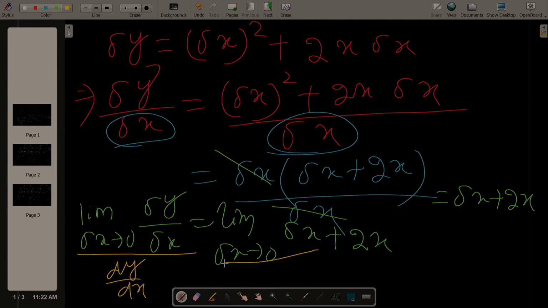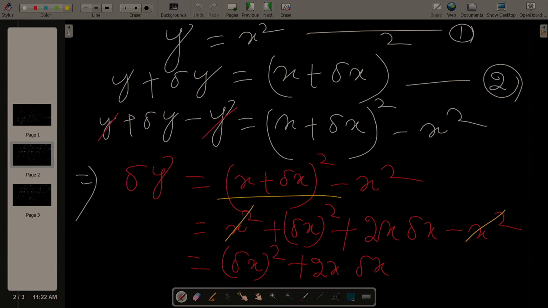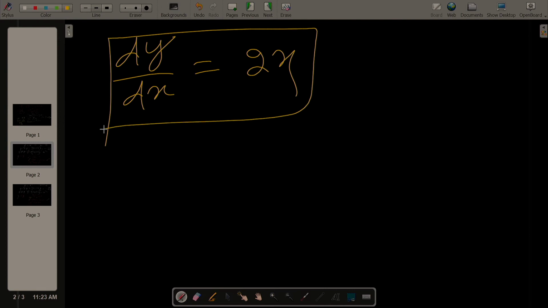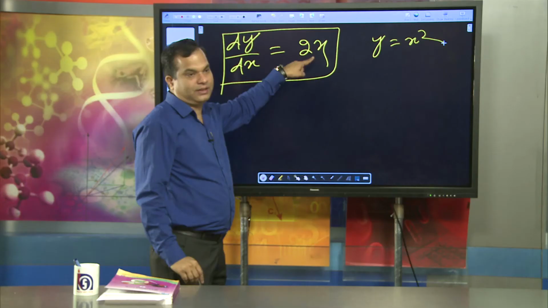That means I can very simply write dy by dx equal to 2x. This is the result, because when we take y equal to x square, the value we get for dy by dx is 2x.